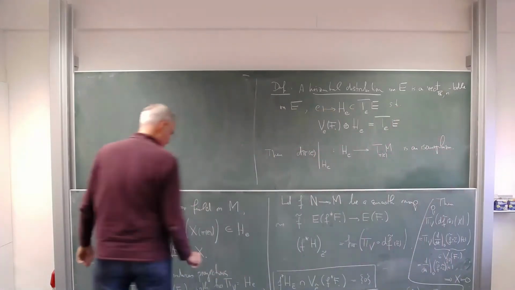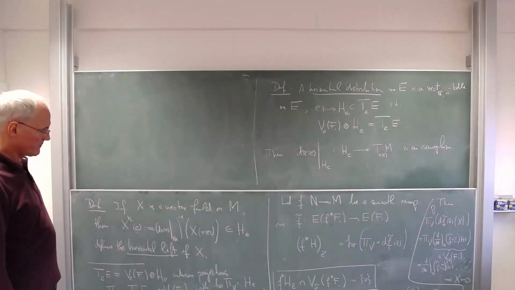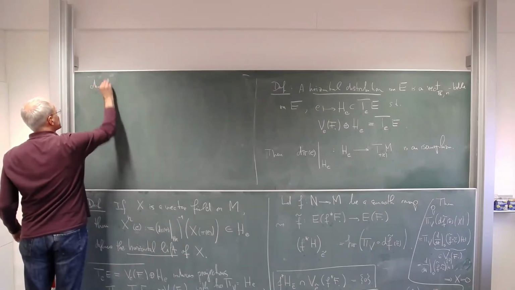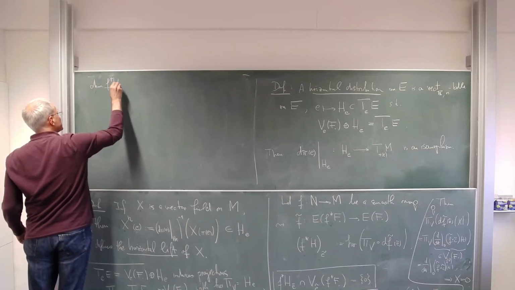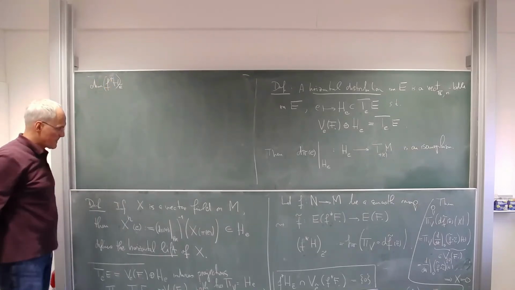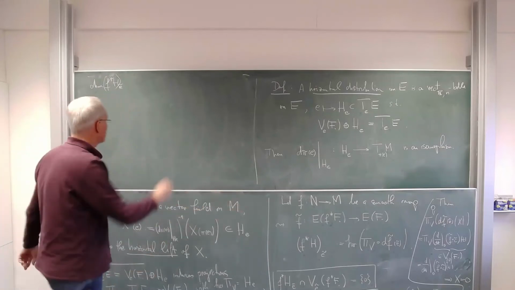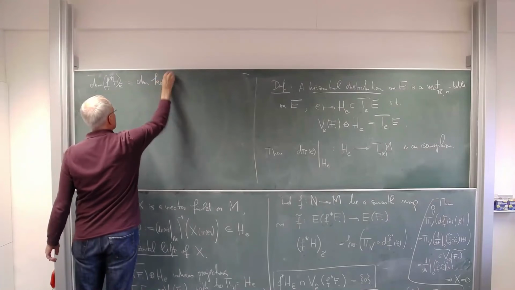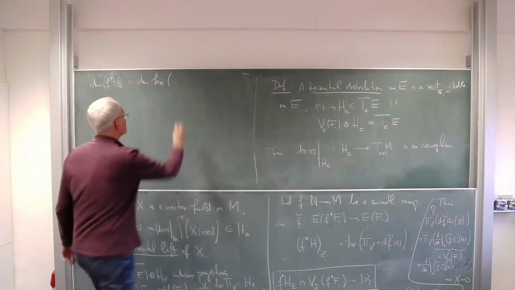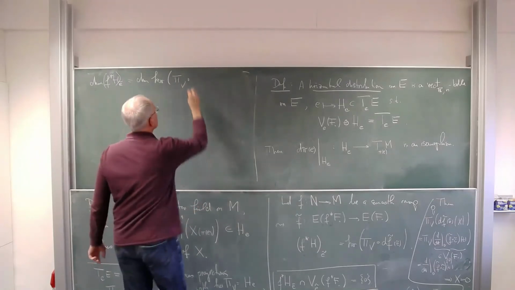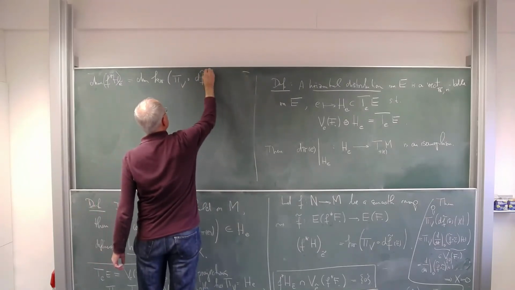Okay, so what is the dimension? Let's try to compute the dimension of this thing. So it's a dimension, by definition, the dimension of the kernel of this projection composed with this differential.